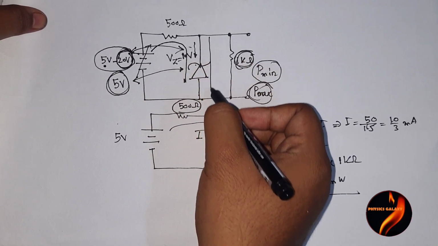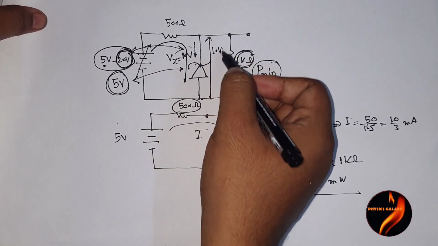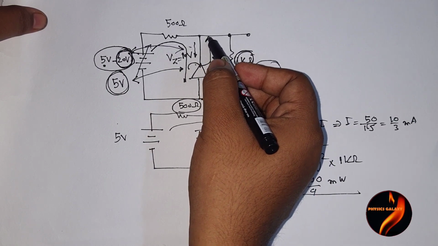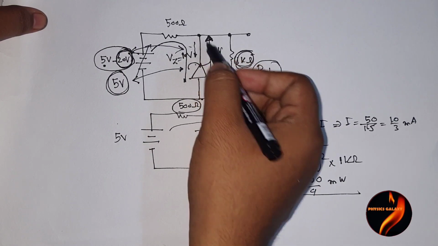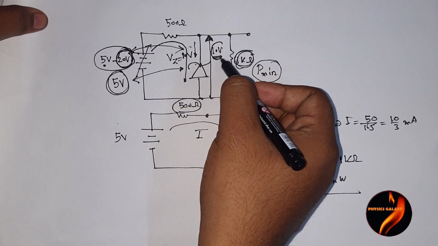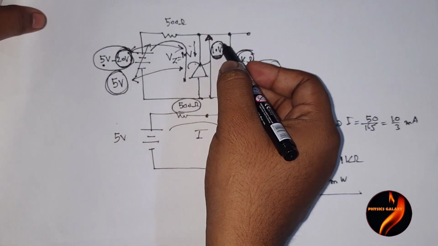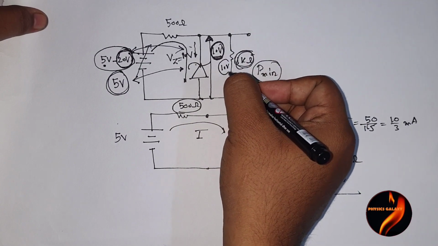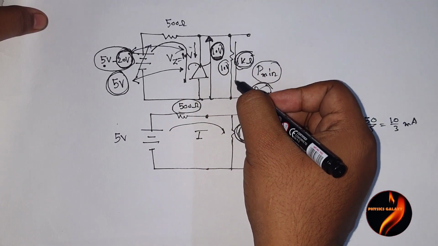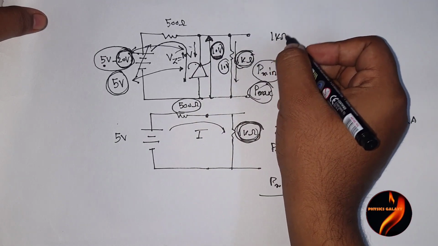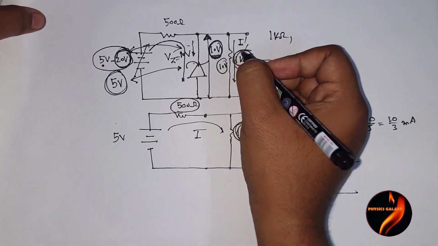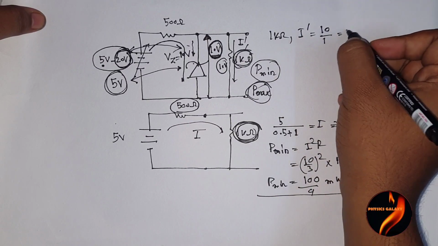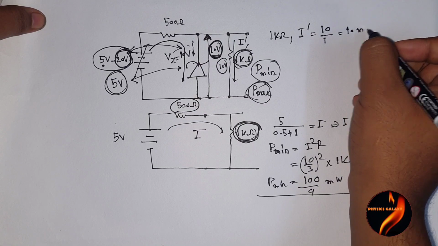The voltage here will be 10 volt, and we know that a Zener diode acts as a voltage regulator, means the voltage across its two terminals will always be equal to 10 volt. So the voltage across the load will also be 10 volt. The current through this 1 kilo ohm resistance, let us denote by I prime. So I prime is nothing but 10 divided by 1, which will be equal to 10 milliampere.